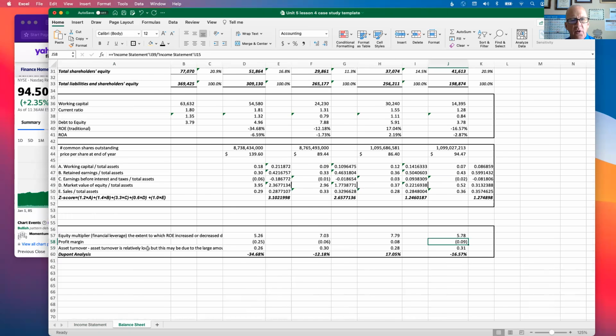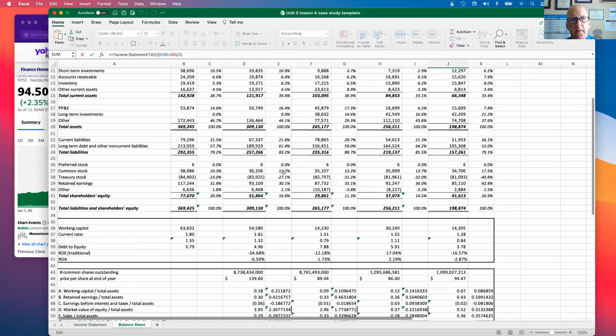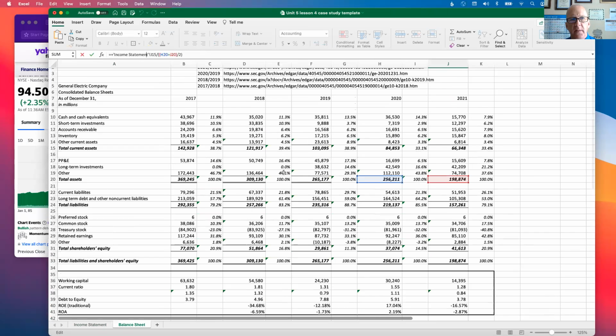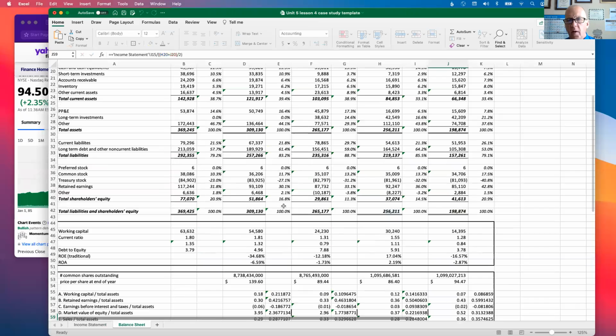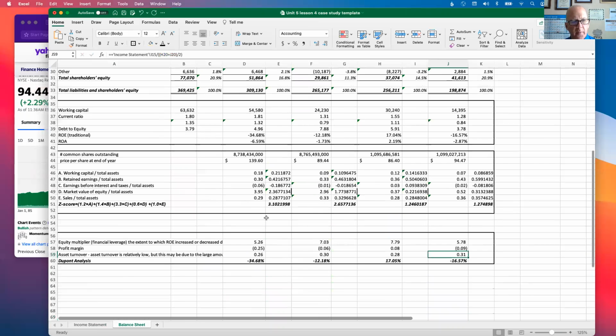So the asset turnover was from the income statement, sales, net sales, divided by average assets. And all of these things you can look up, or they're in lesson 2 from this unit.